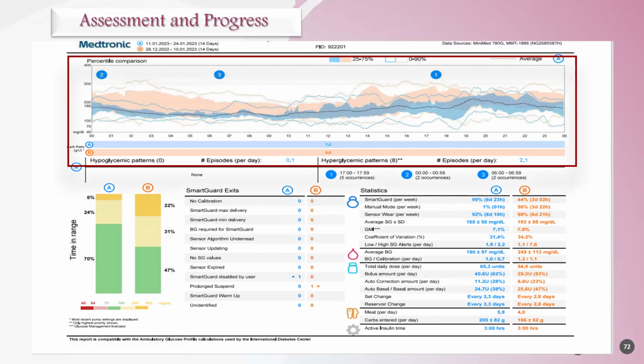Okay, and then you will see the ranges like an AGP report, which we see in the CGM data. It shows you nicely the two lines. The blue line is the new time frame, the last 2 weeks, and the slightly fading orange one is the previous 14 days. You see this is the mean, and this dark blue shadow is 50% of the readings of the patient for the last 14 days.